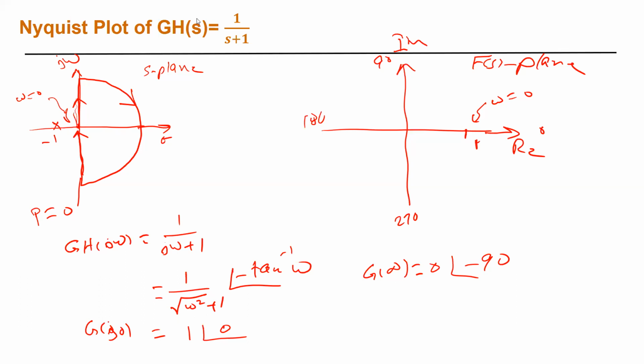Where is this point? At the origin, but approaching from minus 90. So basically, we are moving somehow in this direction. This corresponds to omega equal to infinity.